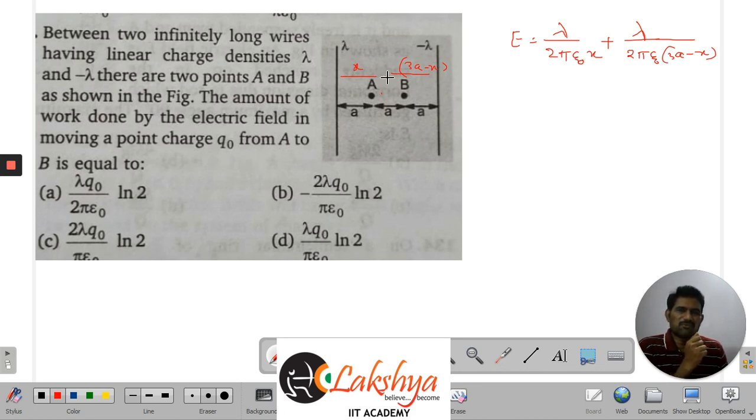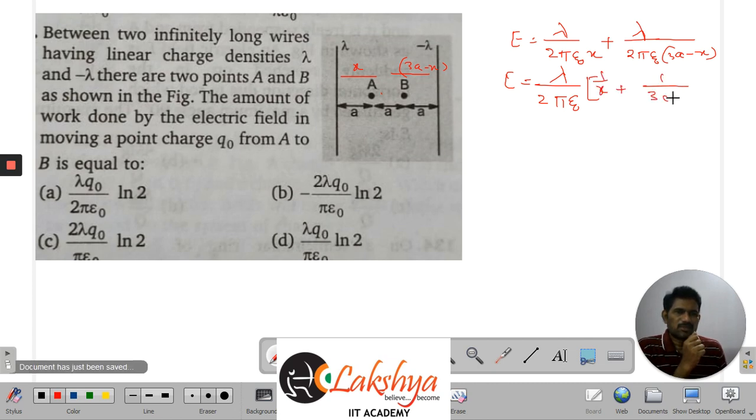The electric field due to this wire is away from the wire, and the electric field due to this negatively charged wire will be towards this wire. So I can write the electric field expression as lambda by 2 pi epsilon naught, taking it common, into 1 by x plus 1 by 3a minus x.